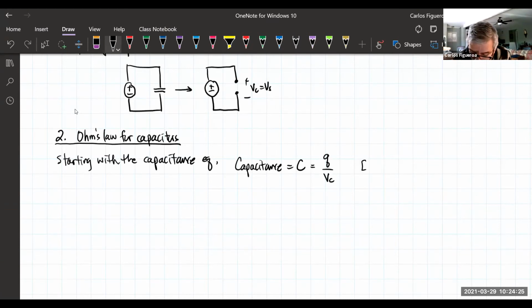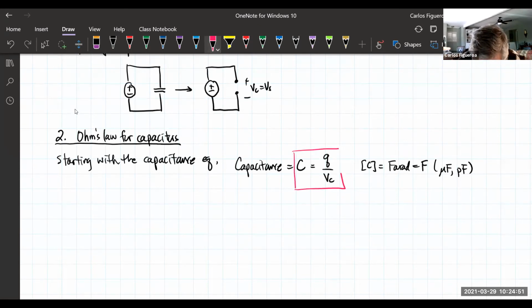The units of capacitance are farads, typically written as F, and usually they're in micro or picofarads. So this is our main equation for capacitance right here.